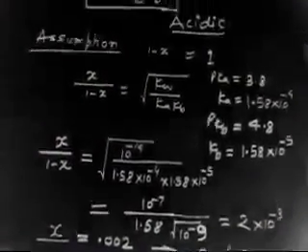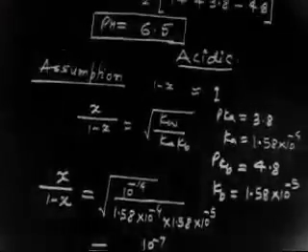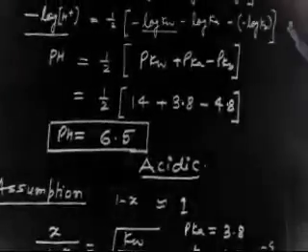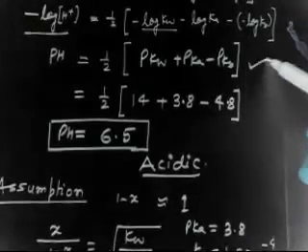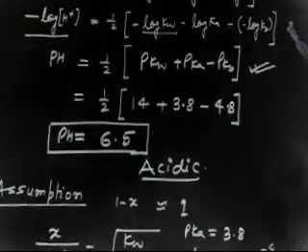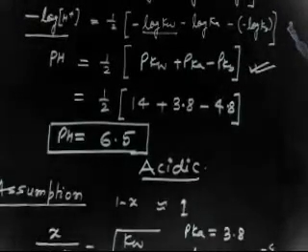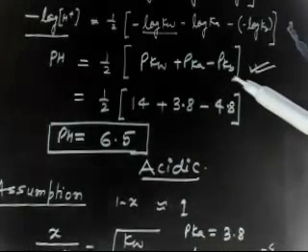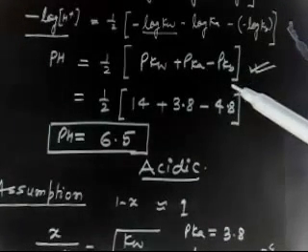You have to remember this result. If you remember this result, we don't have to do all this calculation. If you have a solution of weak acid plus weak base, pH is given by this expression. There is no point of doing all this calculation.